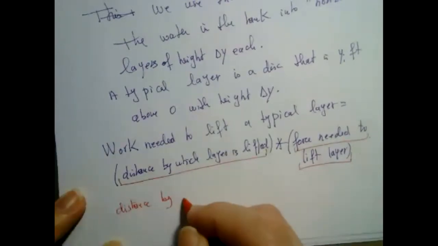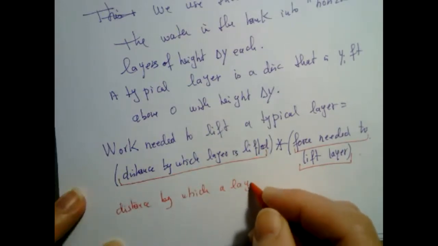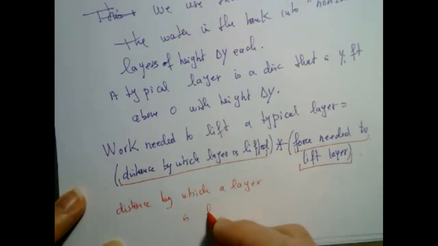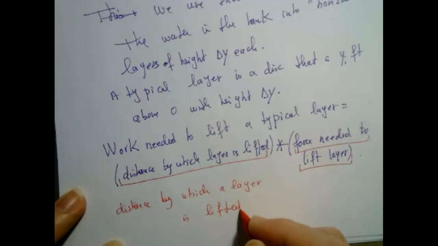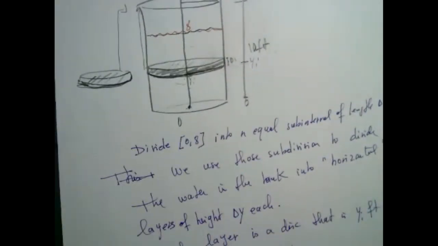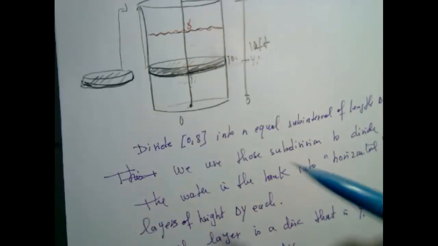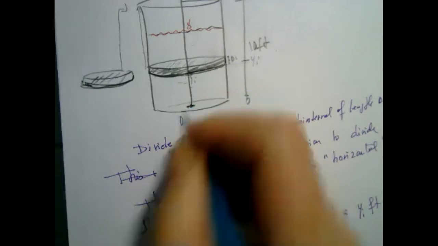8? No. Go back to your picture. Is it always 10 minus y? All of you, this is my layer. I want to lift it all the way to the top. This is my 0 down here.